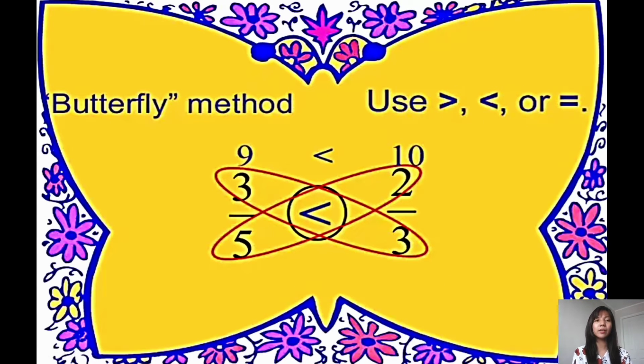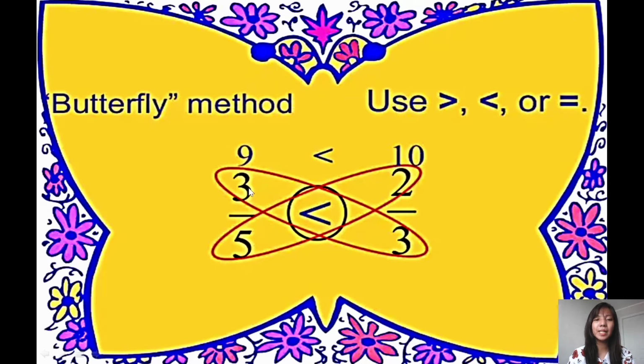Okay, you can also use the butterfly method so that you will know which fraction is smaller and which fraction is larger or equal. This is called a butterfly method because it looks like this.